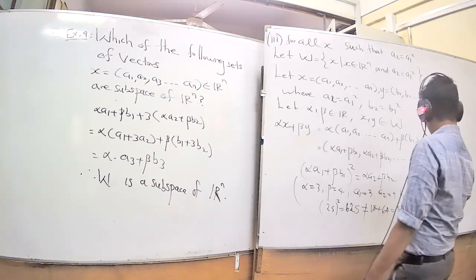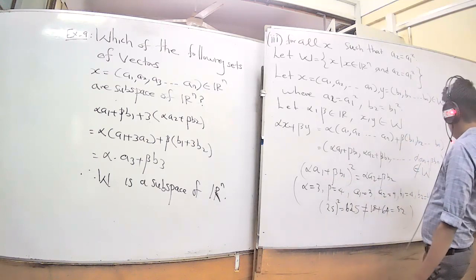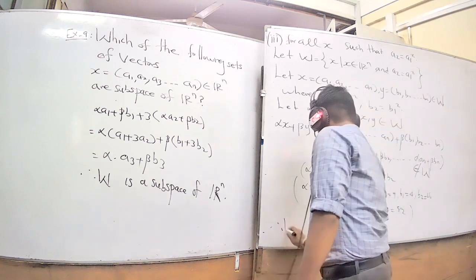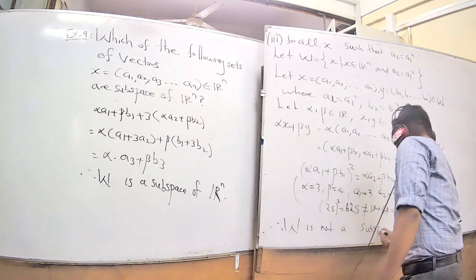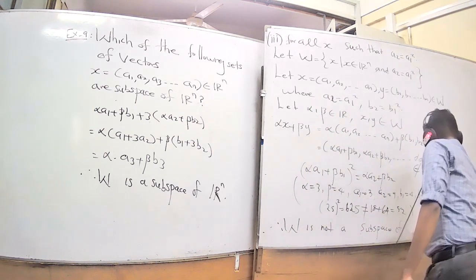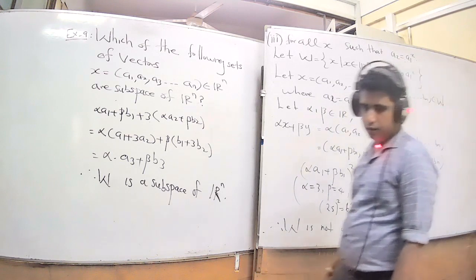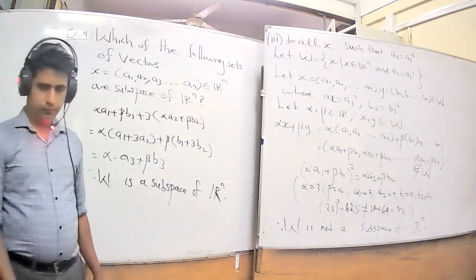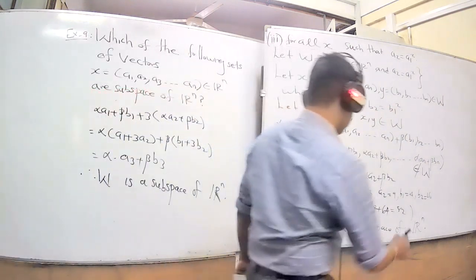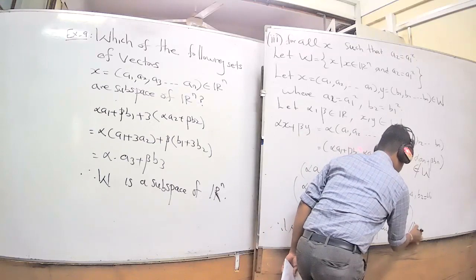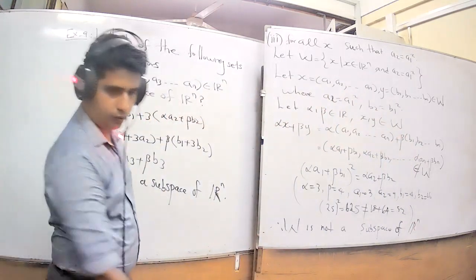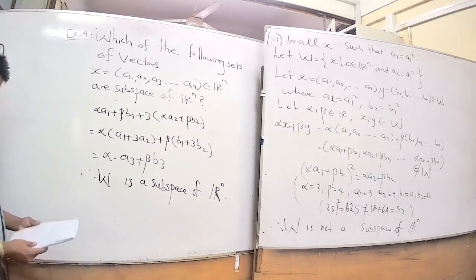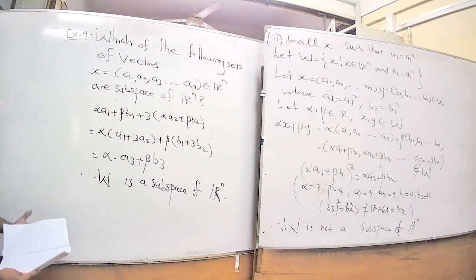Therefore, this is not an element of W. Therefore, W is not a subspace of Rn. Okay. Right.